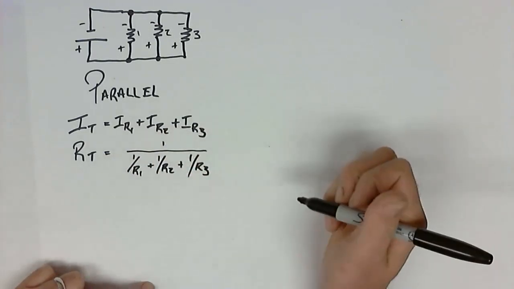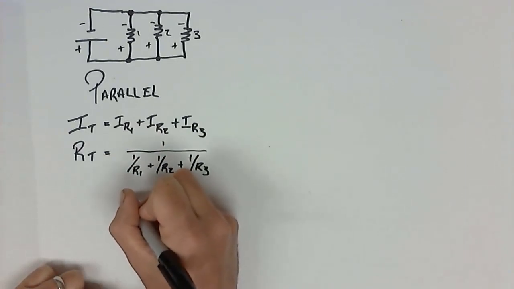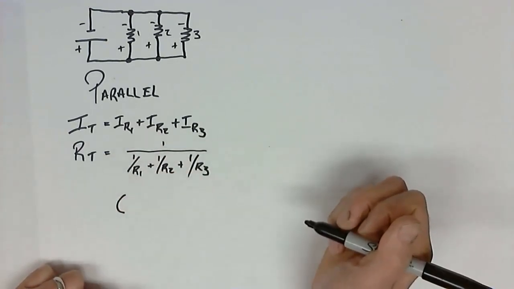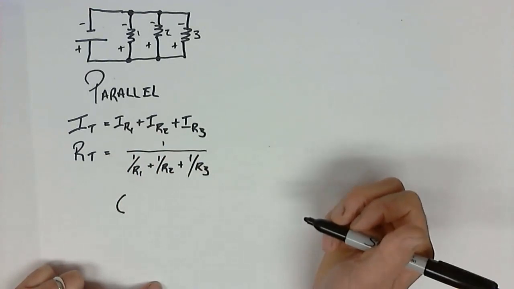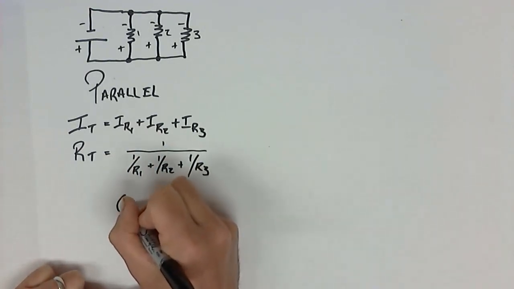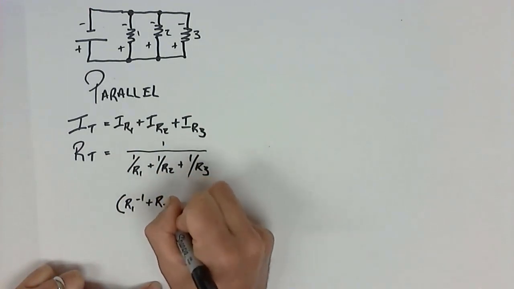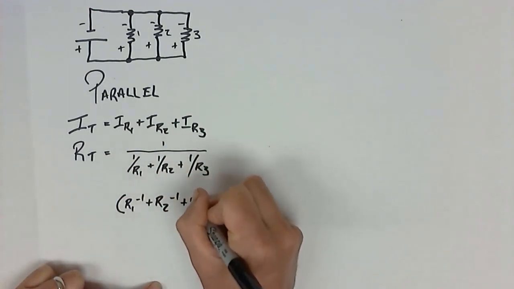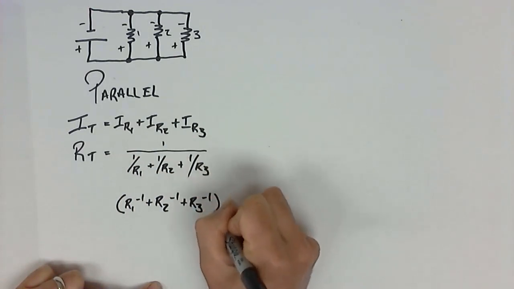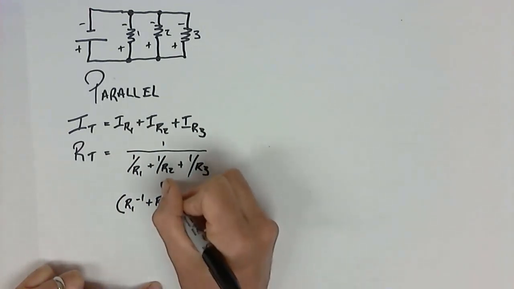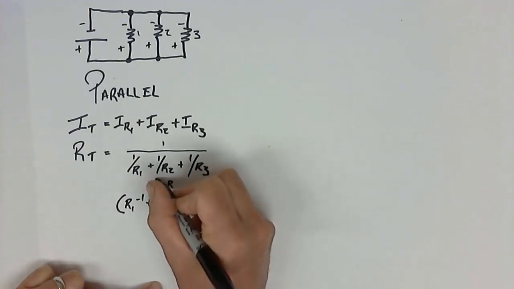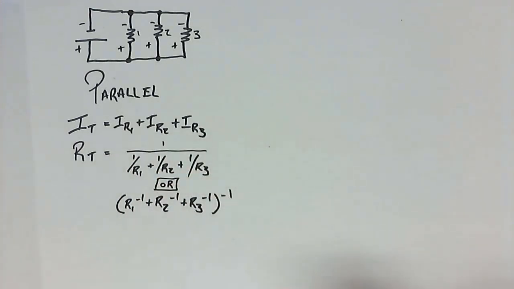The other method is called the inverse. And depending on what calculator you have or what you're most familiar with, you'll typically align with one or the other. So the difference is the calculator keys that you're using. So there's two different methods for you to get your calculated R total.